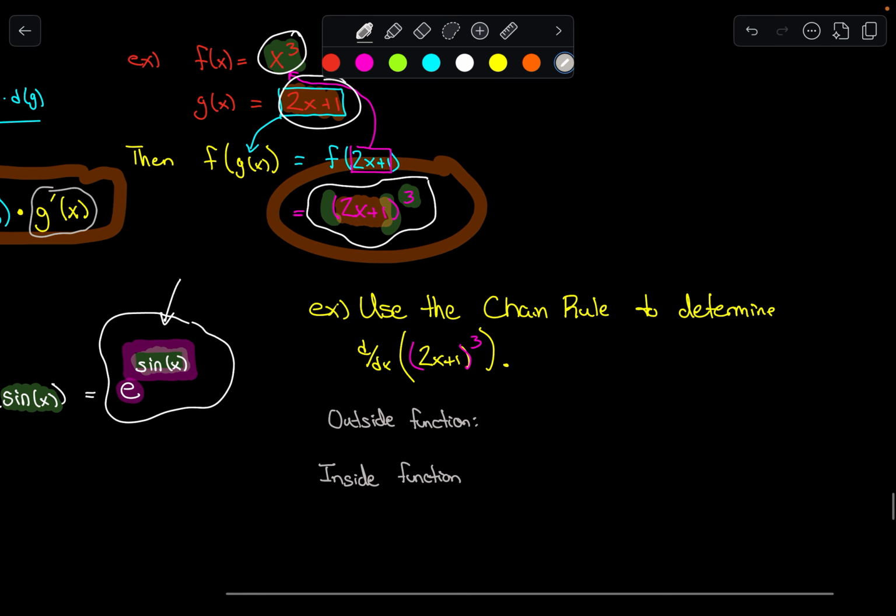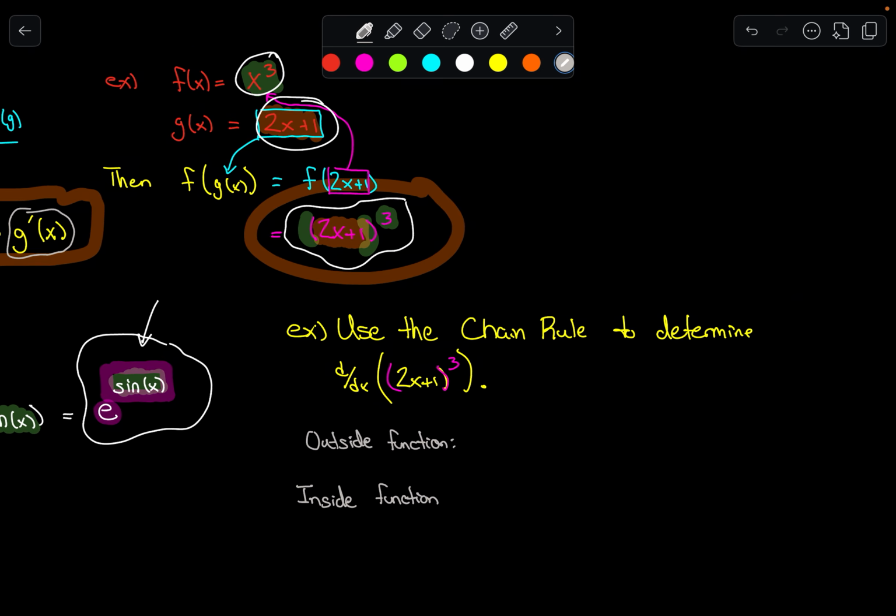The outside function here is all of this stuff, whatever it is, cubed. And the inside function is just the 2x plus 1. That is the stuff on the inside here.